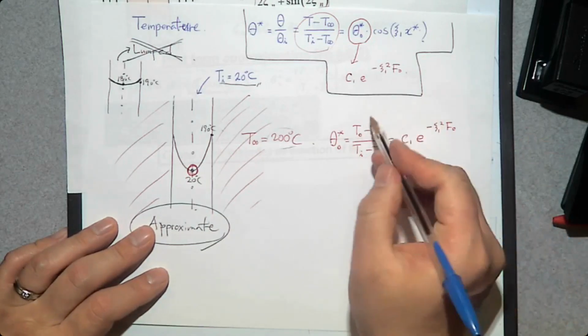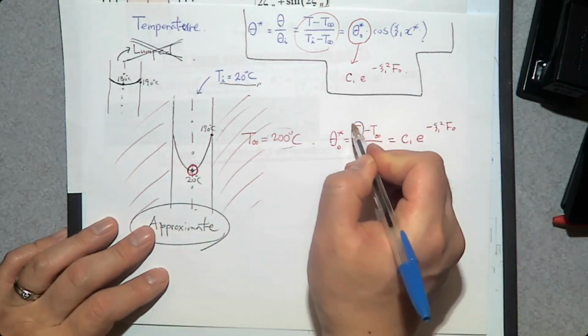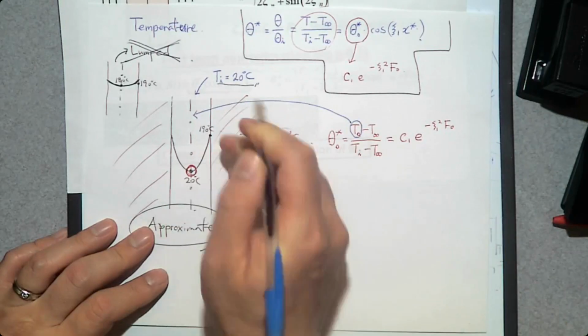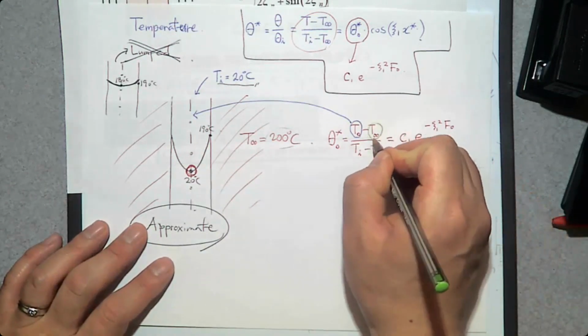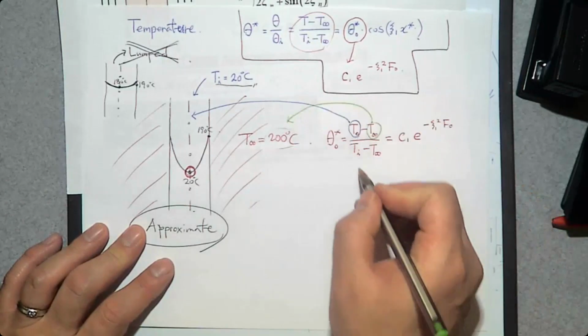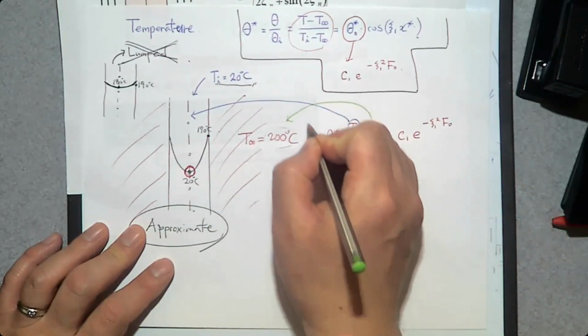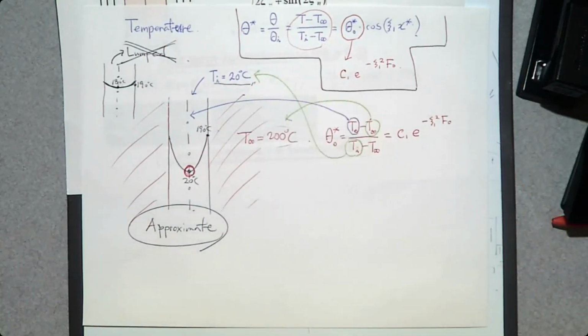In this case, T0 is the temperature at the center line, while T infinity is the temperature of the fluid and Ti is the initial temperature.